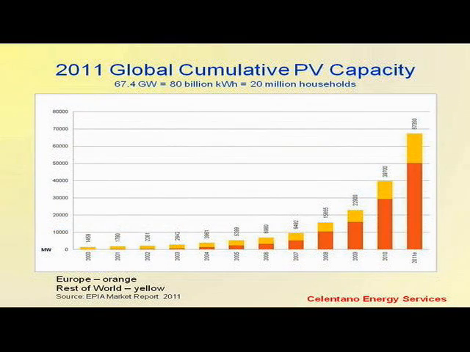What you're seeing here on this graph, there really wasn't too much photovoltaic electricity production going into the beginning of this century. It was pretty low, and it was mostly in America and Japan.